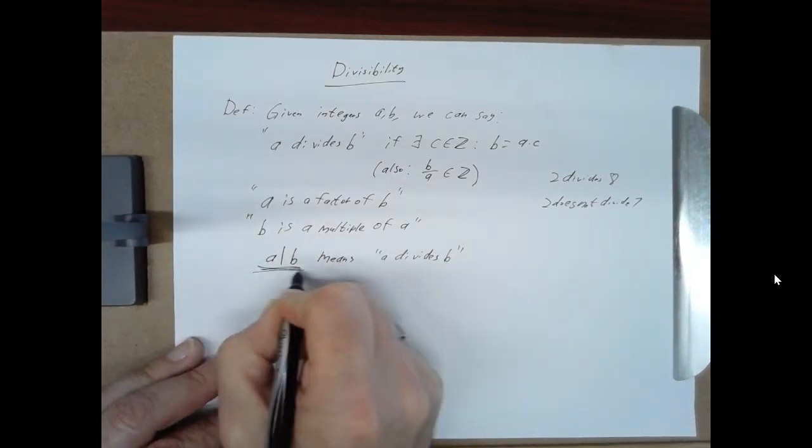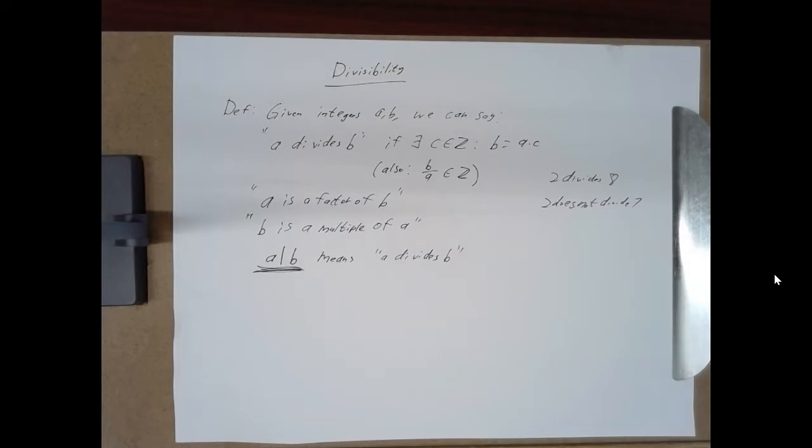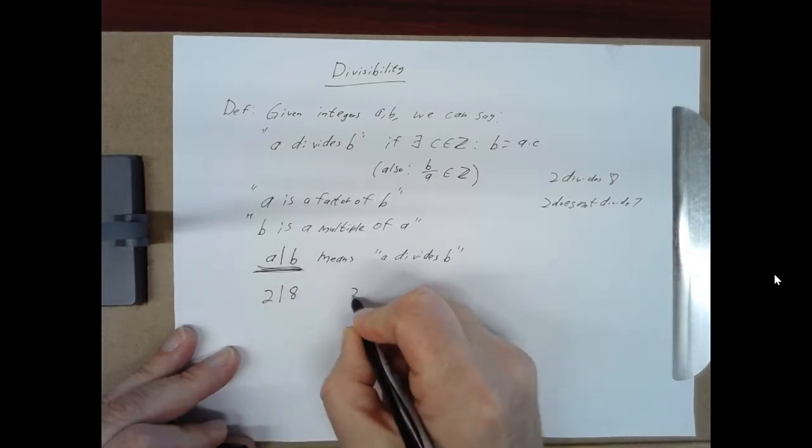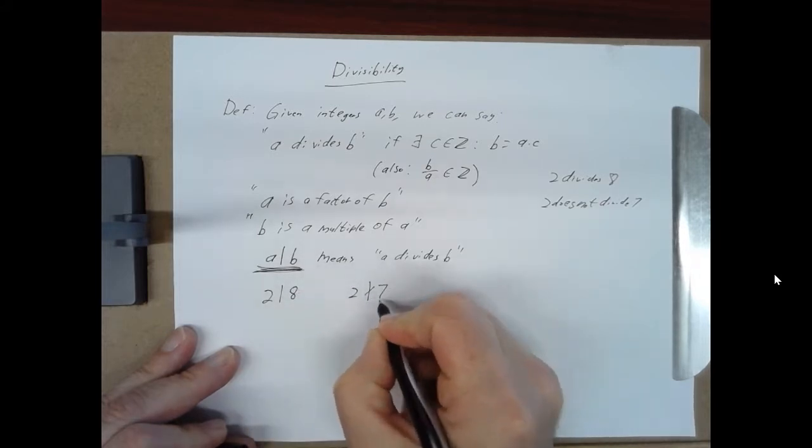And this is really, really important to look at. Because we're not doing a slash where we say A divided by B. This is a vertical bar. It's a statement that A divides B. B is a multiple of A. So we can write the following. 2 divides 8. We can also write 2 does not divide 7.